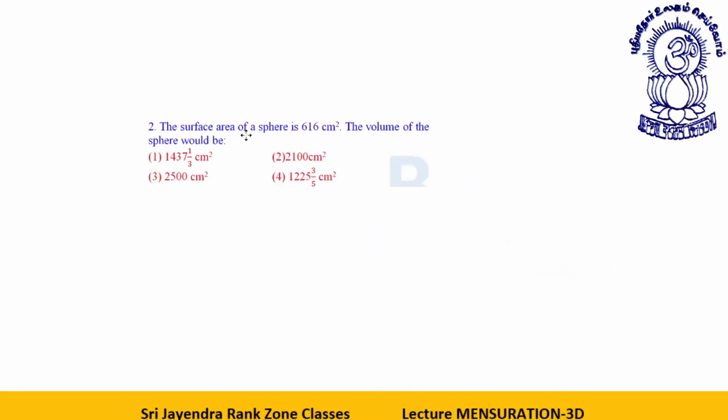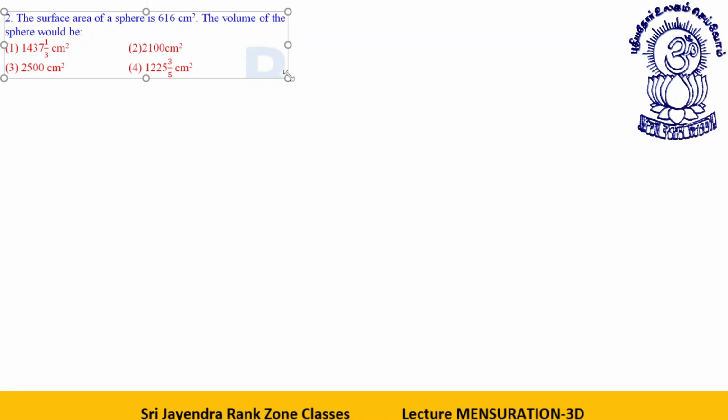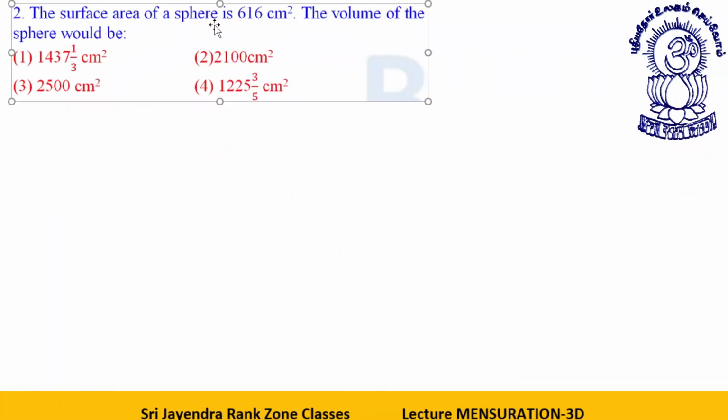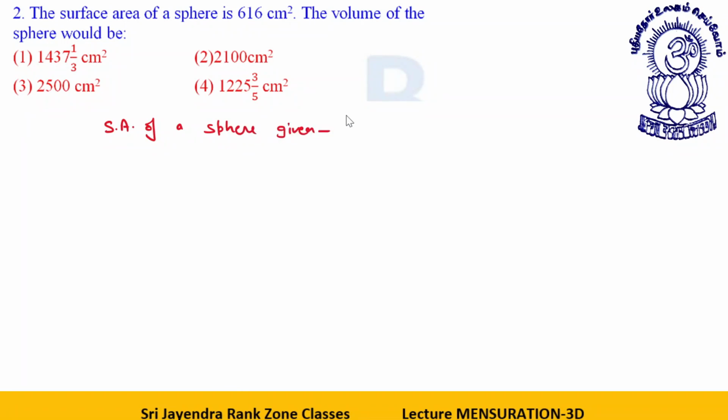The surface area of a sphere is 616 centimeter square. The volume of the sphere would be, see, surface area of a sphere is given as 616. This is actually 4 pi r square, or I can say pi into r square is 154, because you cancel this by 4.